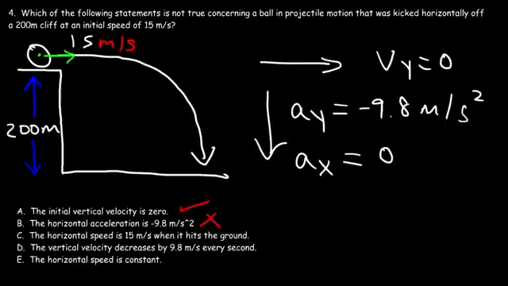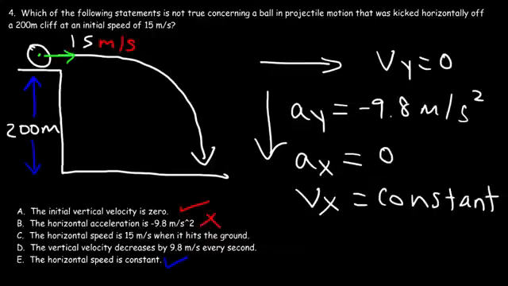Now, E is a true statement because if the horizontal acceleration is 0, then the velocity, Vx, is constant, which means the horizontal speed is constant as well. Now, since Vx is constant, that means C has to be a true statement.